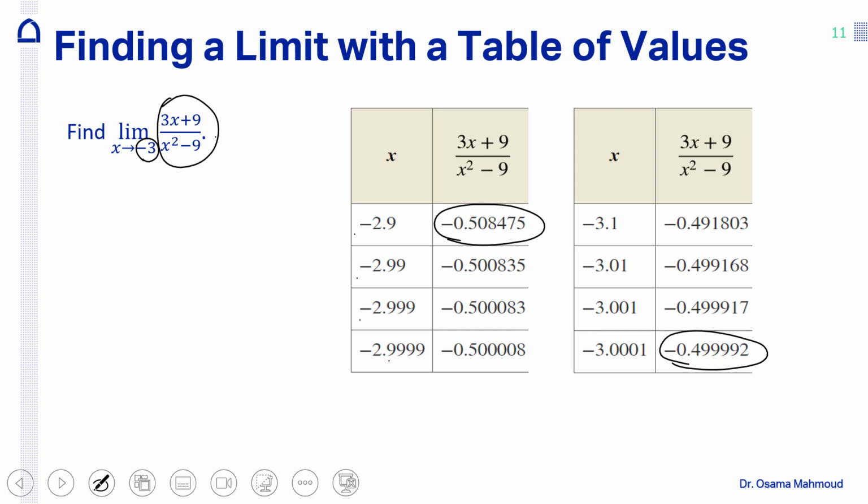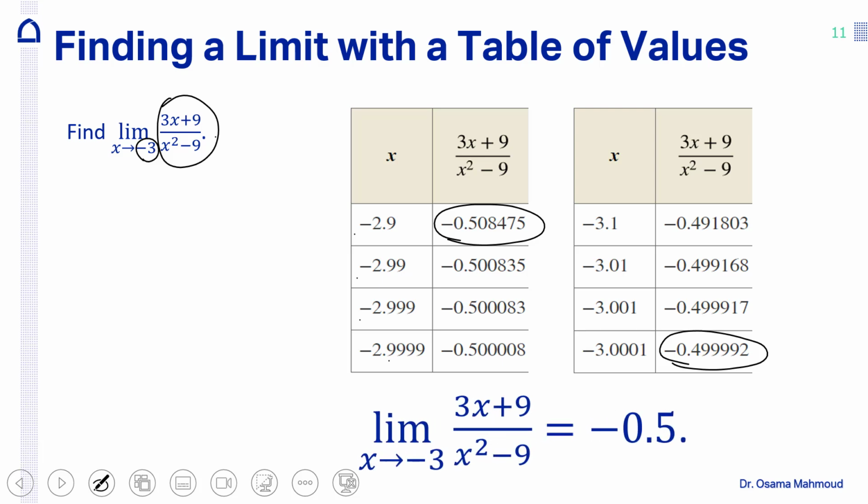So roughly they are minus 0.5, right? So the limit of the function is equal to minus 0.5. This is how to catch the right limit and the left limit using a table. You get the values to the right of minus 3 and you get values to the left of minus 3.